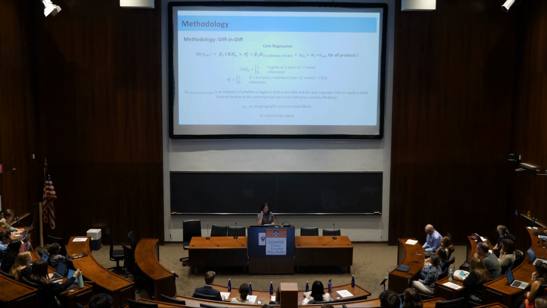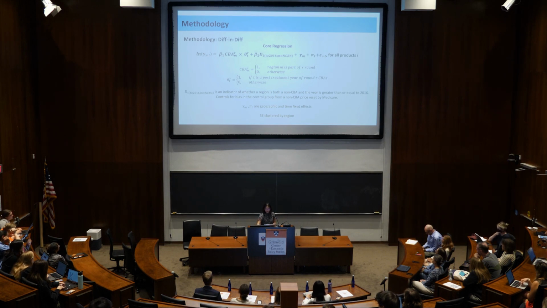Beta 1 is the treatment effect of the competitive bidding program, i.e., it is the coefficient on whether a region was treated in round R. Just to explain the interaction that's going on, CBA, this variable, is 1 if a certain region is part of the R round of price negotiations, 0 otherwise, and it's interacted with an indicator of whether this auction round's prices were active or not. And so this effectively captures the treatment effect of the competitive bidding program.